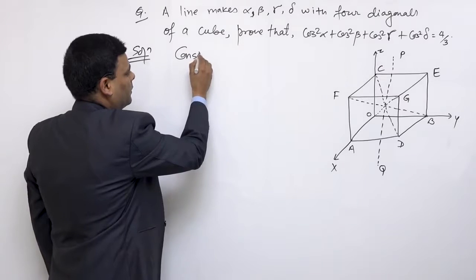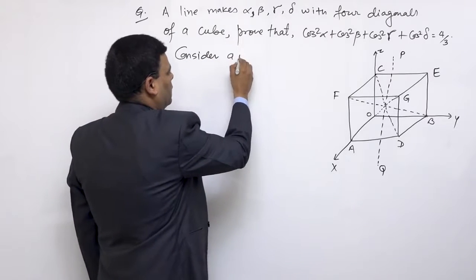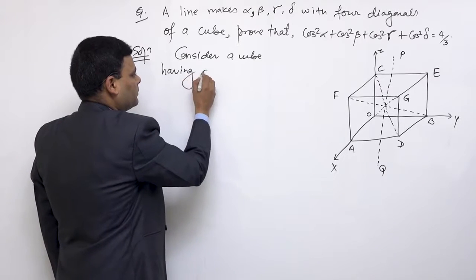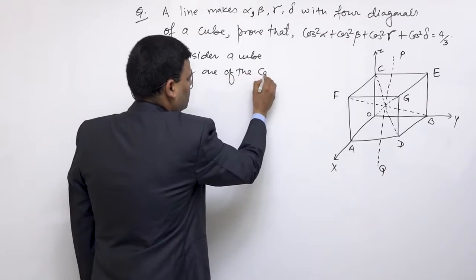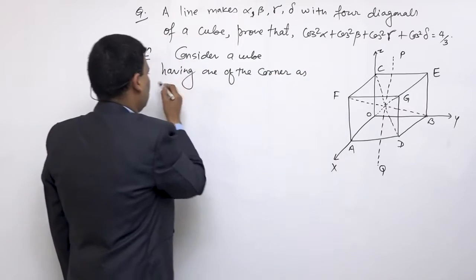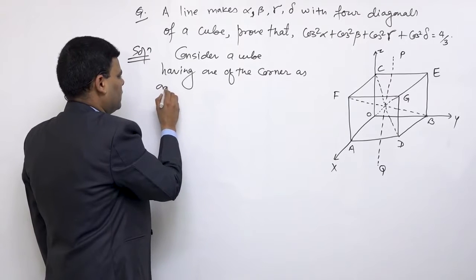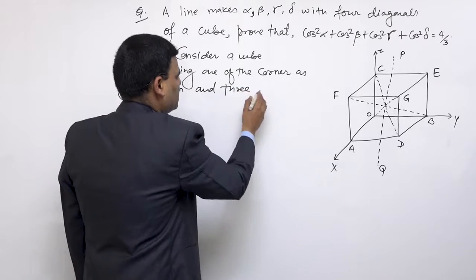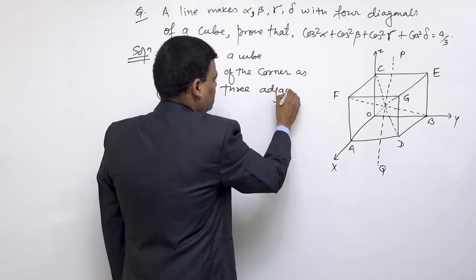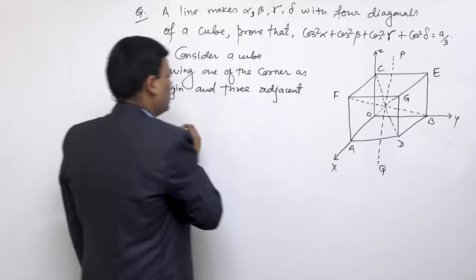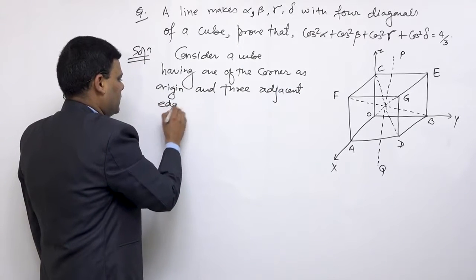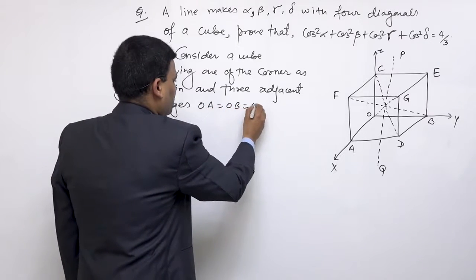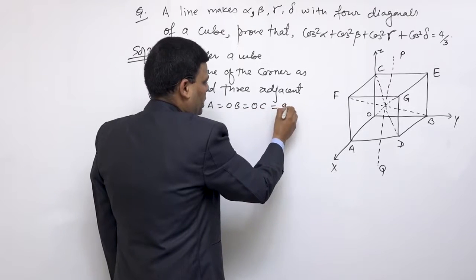Consider a cube having one of the corners as origin and three adjacent edges OA equals OB equals OC.